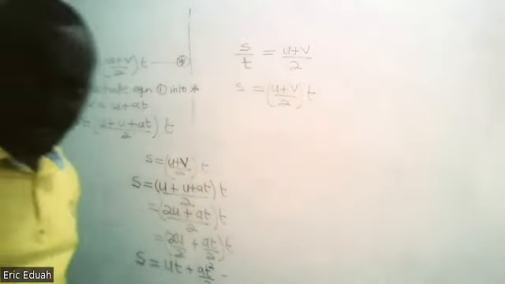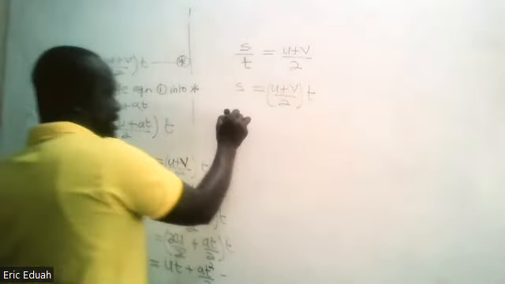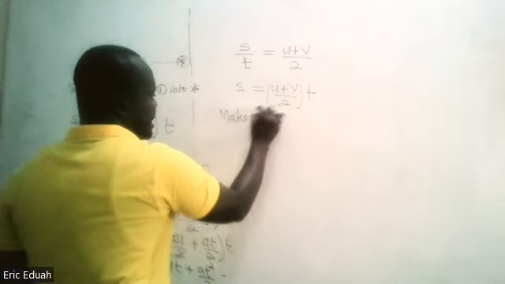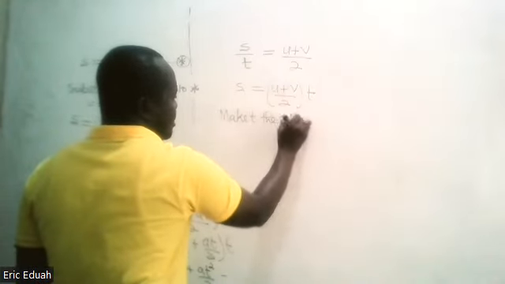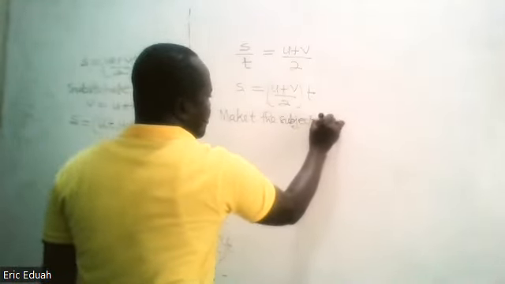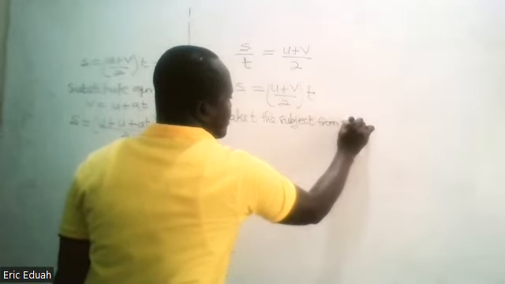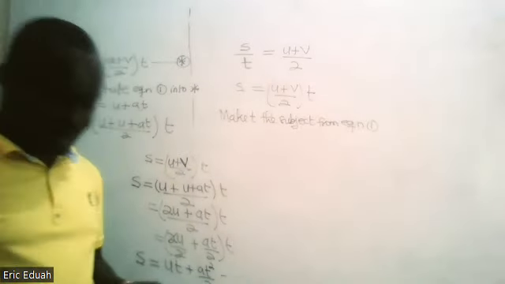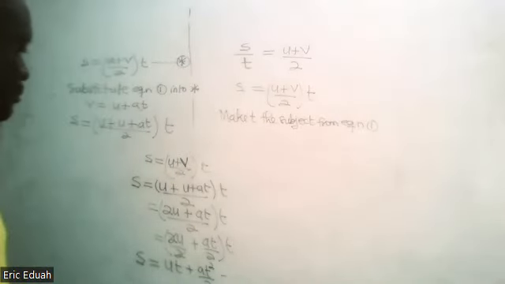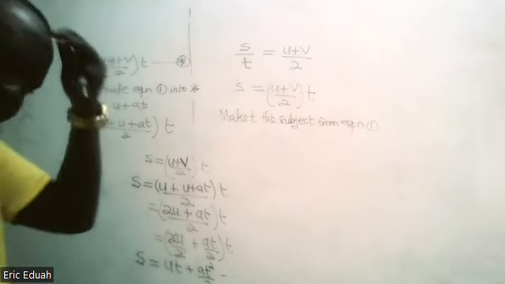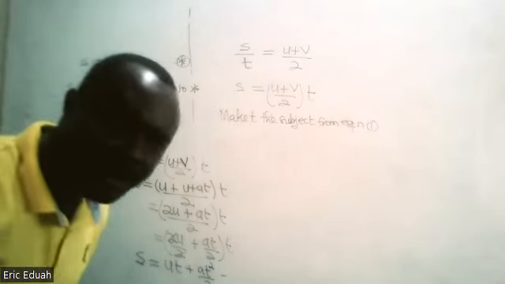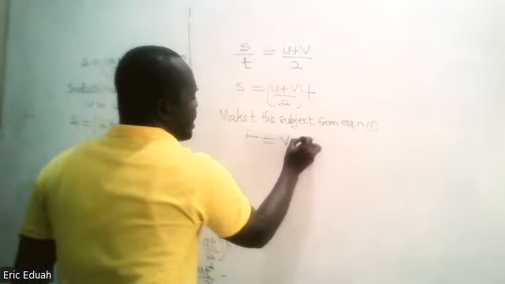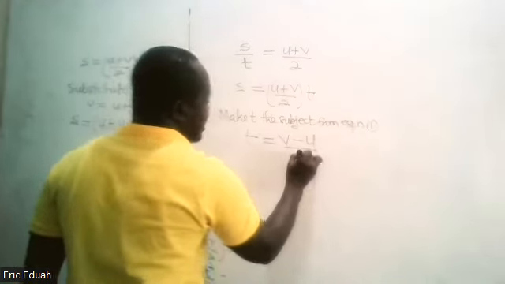From equation 1, make T the subject. V minus U over A. So T is equal to V minus U over A. Good one.